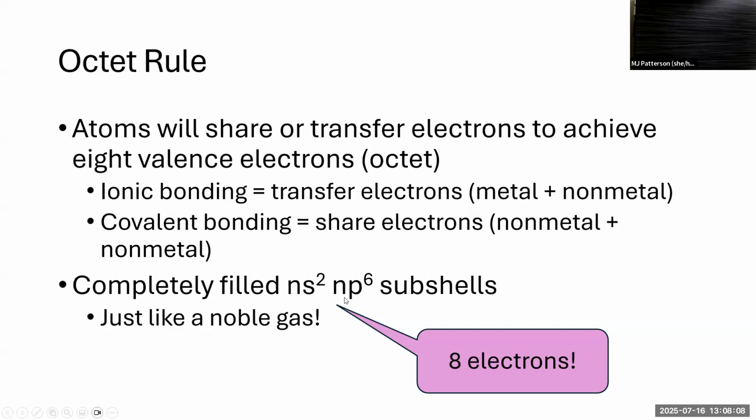That means that the s and the p subshells in the valence shell are completely filled: 2 electrons in the s, 6 in the p, and that arrangement of electrons looks just like a noble gas, right? Neon, argon, krypton, xenon, radon, those guys don't do chemical reactions because that electron arrangement is super, super stable. There's no advantage to sharing or transferring electrons if they already have that octet.